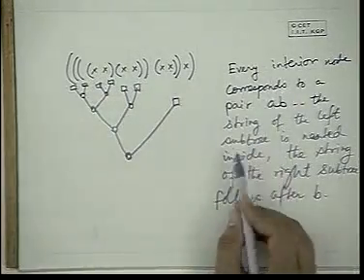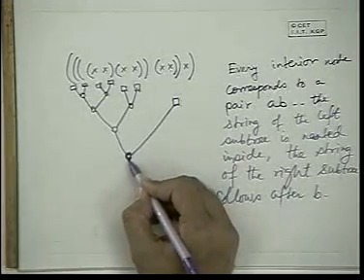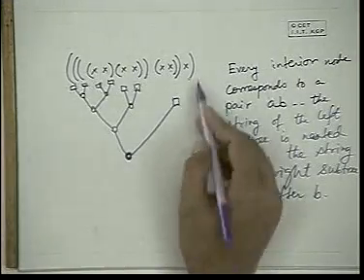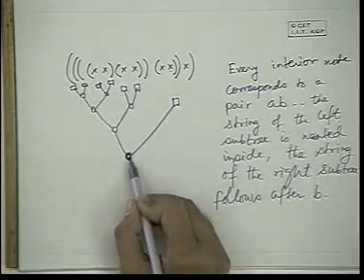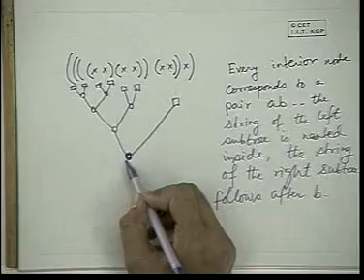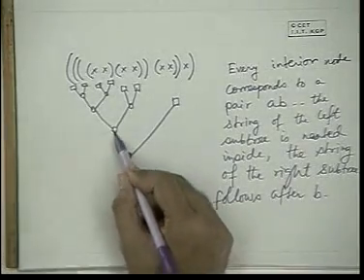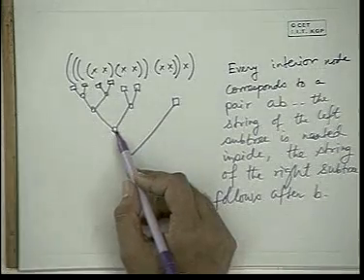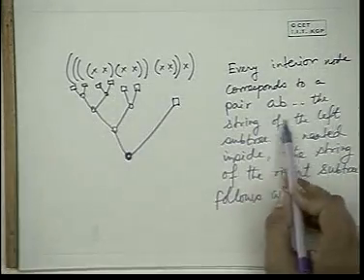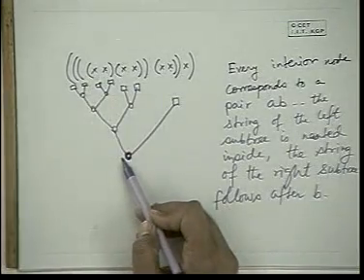If you follow this rule, this node represents the outermost parenthesization. I'm just drawing it in the upside down position, so this is the left. The left subtree will contain the string for the left part in a nested manner.